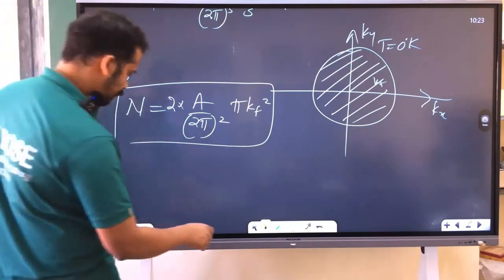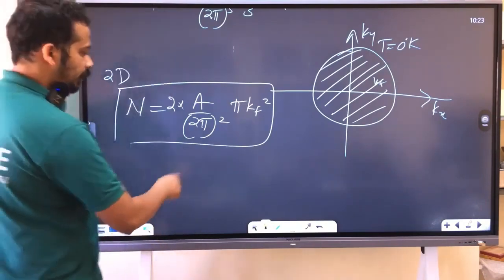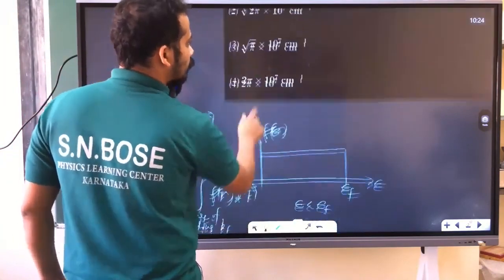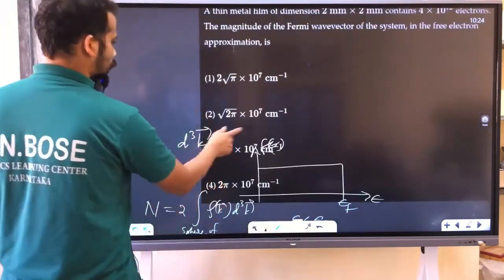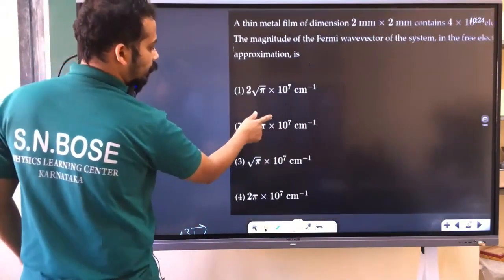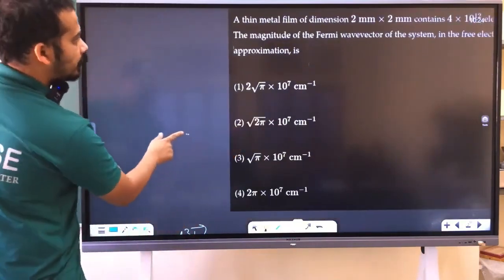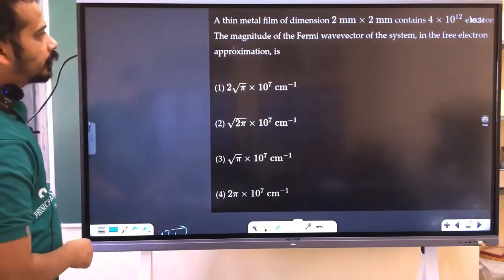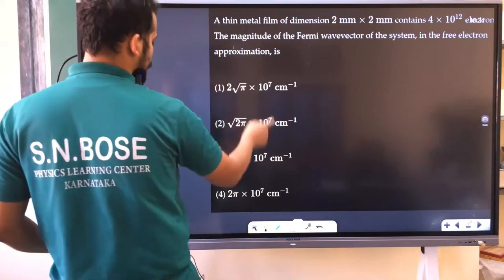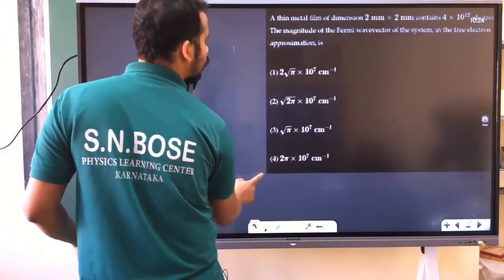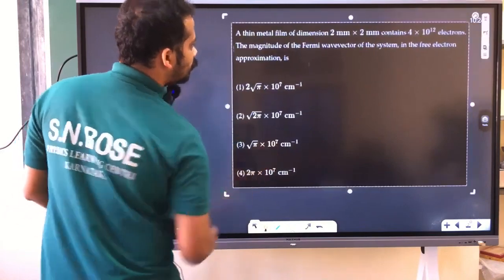Is that okay? So let me write this expression again. Now we shall go to that question. Can you see this question? Thin metal film of dimension 2 millimeter cross 2 millimeter. Is this fine?